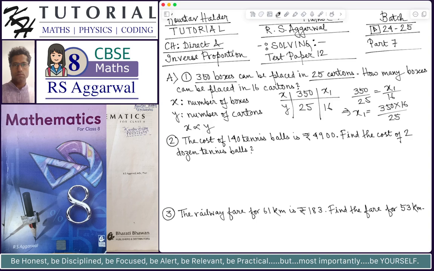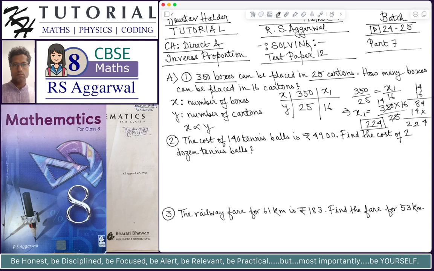Okay, so 5 divides 350 with 14, and 14 multiplied by 16 is 224. So x1 is 224, so 224 boxes can be placed in 16 cartons.